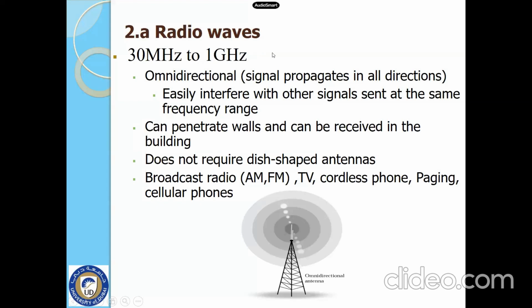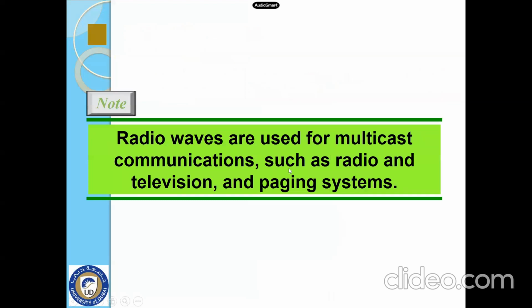In this one, radio waves, remember the radio device in your car. If I ask whether radio waves require dish-shaped antennas, that is definitely false. It's the opposite. It does not require that. To summarize, radio waves are used for multicast communications, such as radios, televisions, and paging systems.